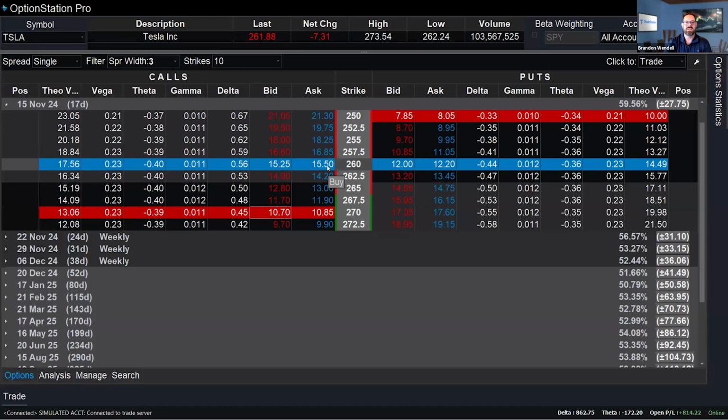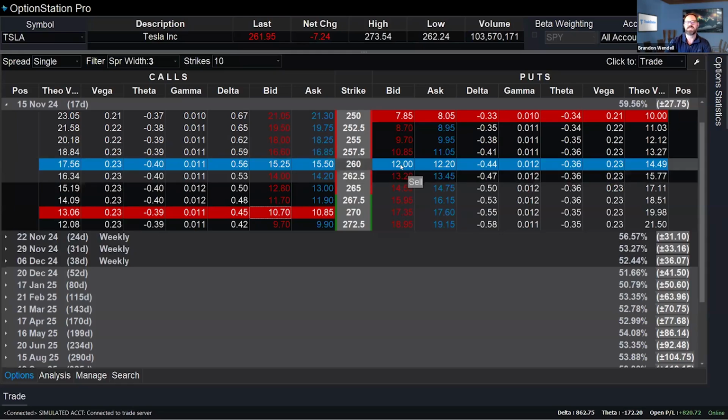What does that mean? If you can buy this at 15.50, but it's really valued at 17.50, you're getting a $2 discount. That's a huge discount on a $15 option, right? Would you want to sell this at $15 when it's valued at $2 higher? Of course not. So implied volatility might be low right now in Tesla, and we'll look, okay?